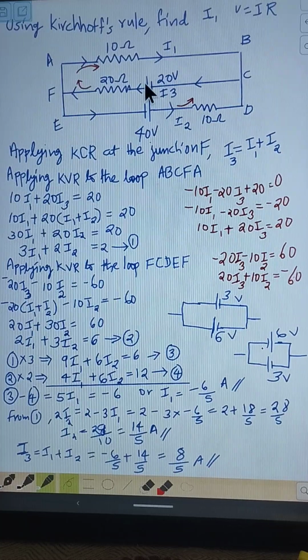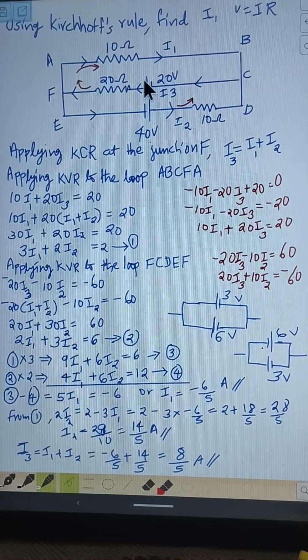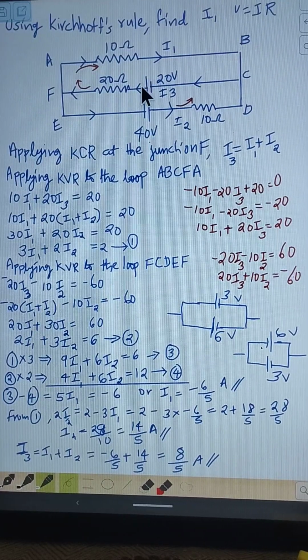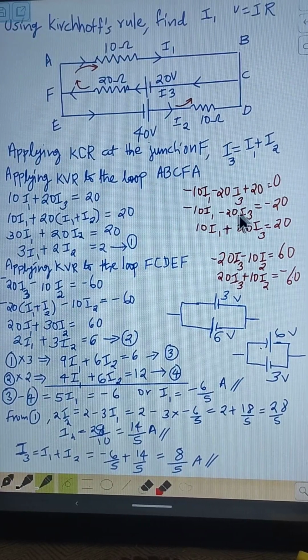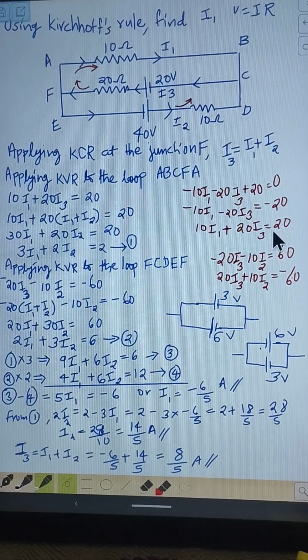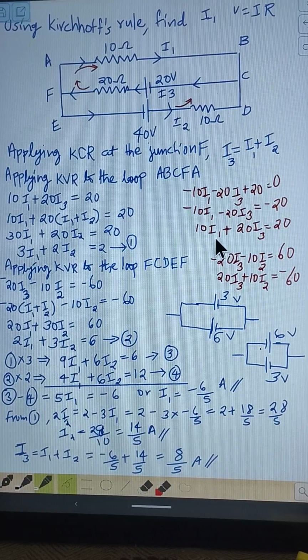And this cell also sends current in the clockwise direction. So we have all positive signs. This is only the meaning for a loop taken in a definite order or a preferred direction of current.